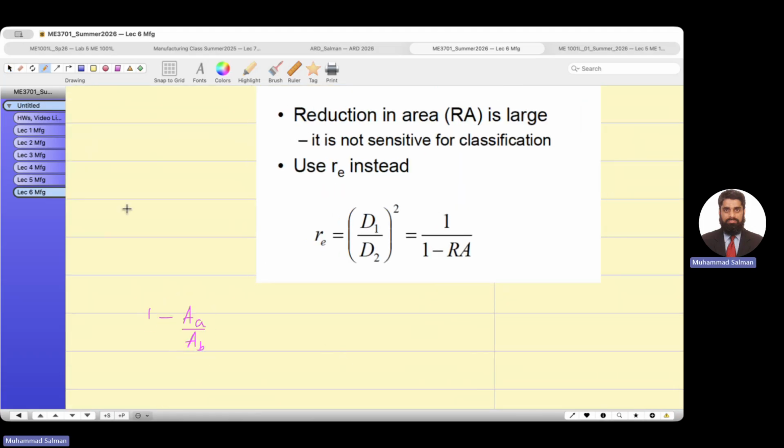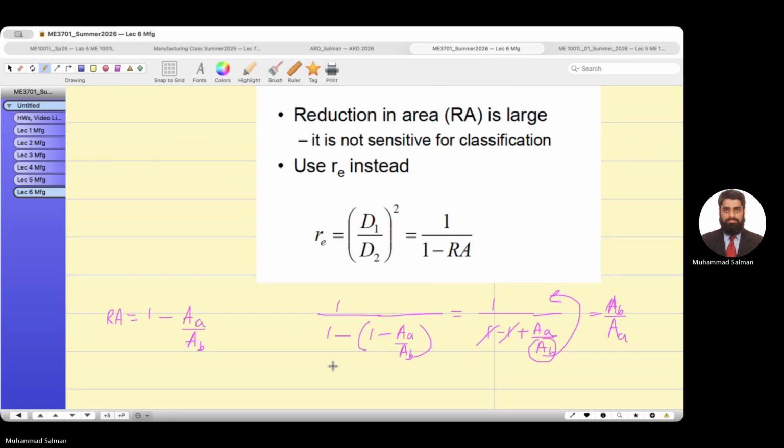This is my reduction area, and 1 over 1 minus AA over AB. Agreed? So what is 1 over 1 minus 1 plus area front over area back? This is cancelled, so this AB goes into the numerator: AB over AA.